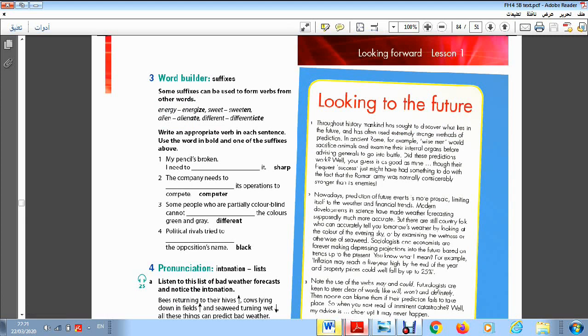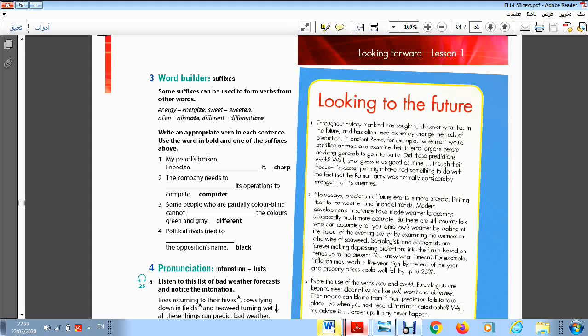Yes, I can hear somebody saying, "Yes, I'm ready to read." Okay. My pencil's broken. I need to what? I need to sharpen it. Well said. Sharpen. So we should add an en here.